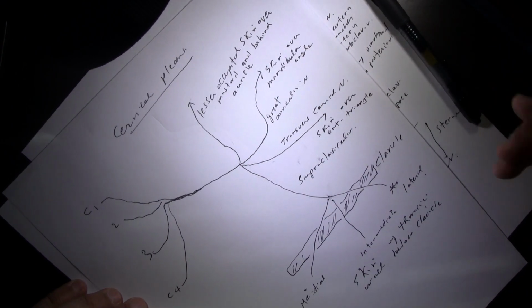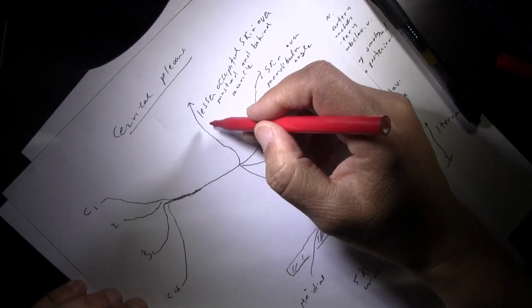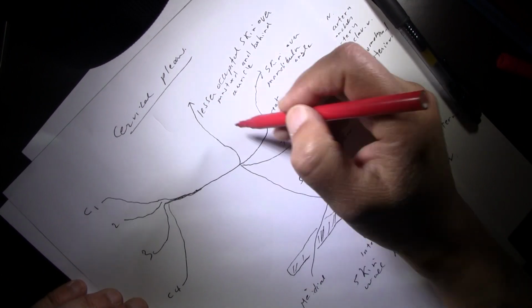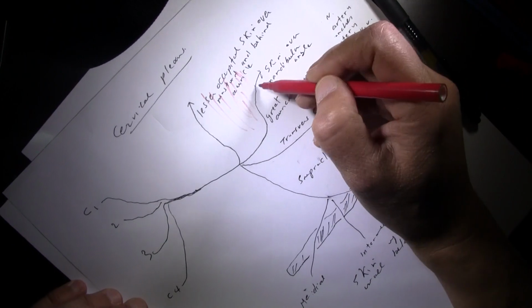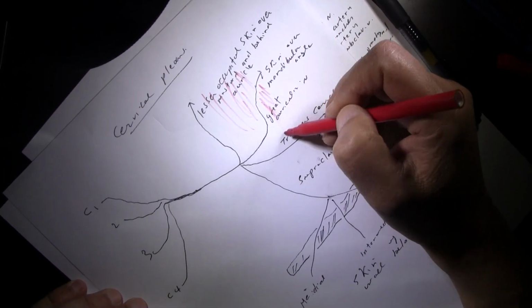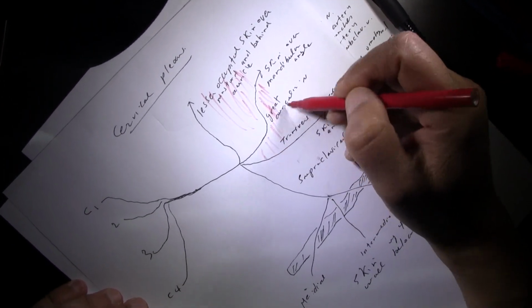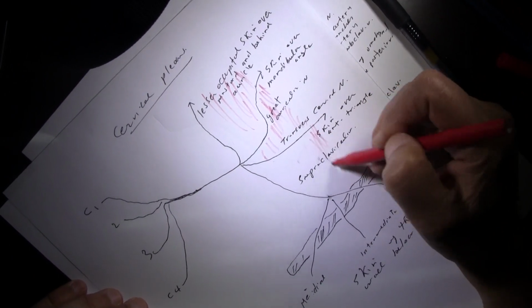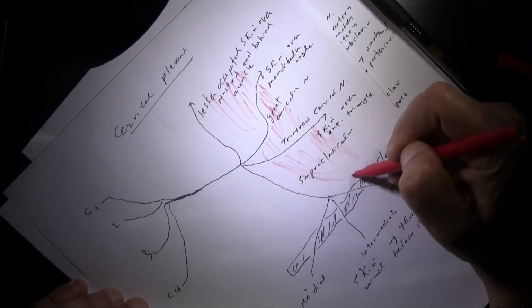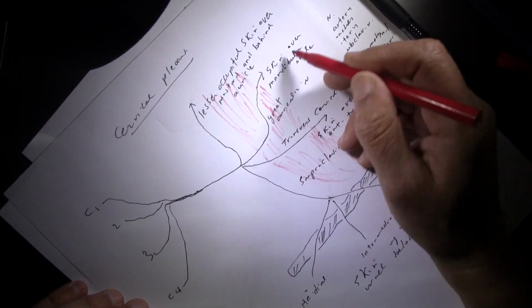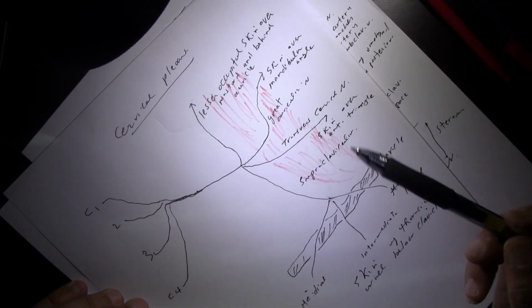If we wanted to see the location of these nerves in relation to the sternocleidomastoid, here is the sternocleidomastoid. It is going to be crossed by the greater auricular and transverse cervical.